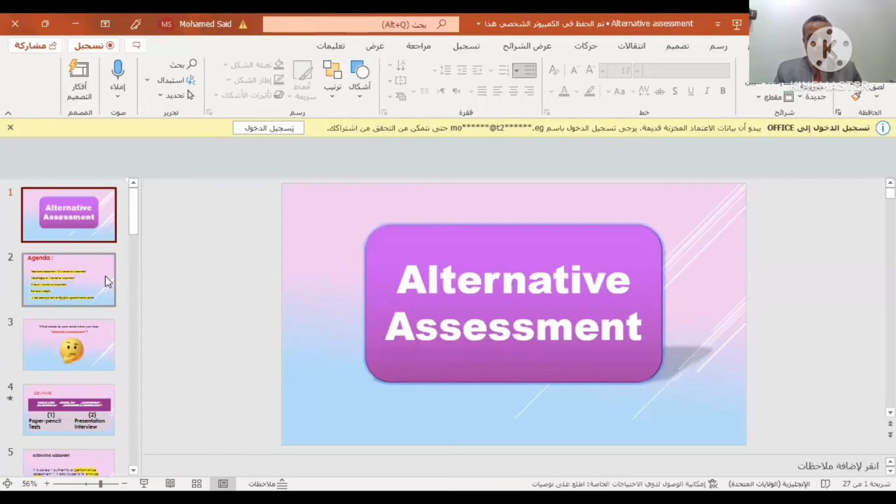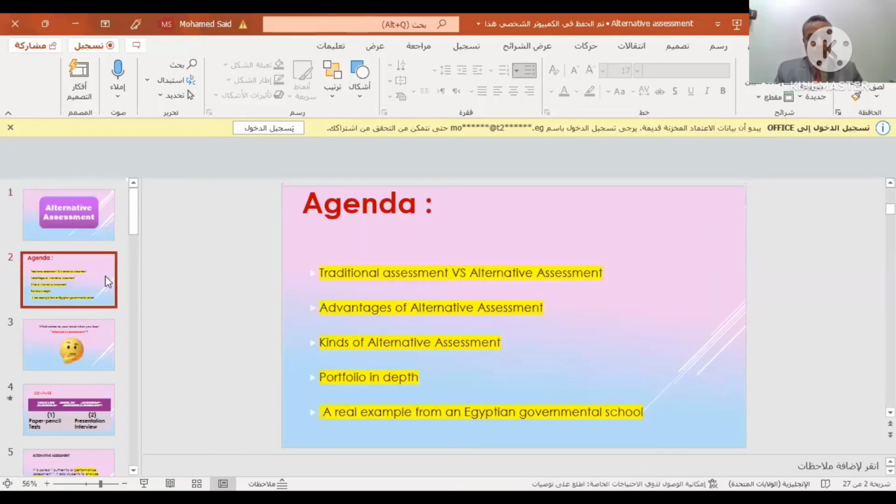So this is today's agenda. We're going to speak about traditional assessment versus alternative assessment. We are going to make a distinction between the traditional assessment and the alternative ways of assessment. Number 2, we are going to find together, you and me, the advantages of using this kind of assessment, what are its best highlights, and what are the different kinds of alternative assessment.